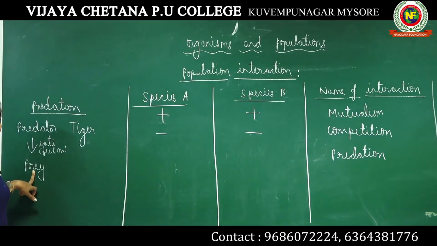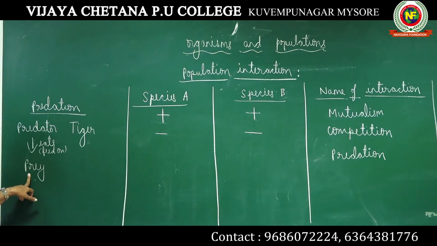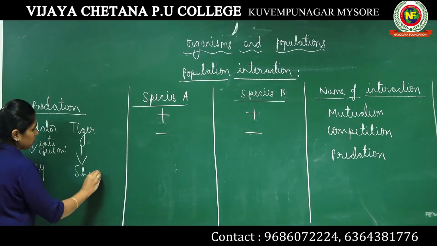I will not repeat myself, because when I talk about predation, when I give you certain example and when I use the term predator and prey, you should be able to recall that predators are the organisms of higher trophic level who will feed on prey who are the organisms of lower trophic level. For example, a tiger feeds on a sheep.